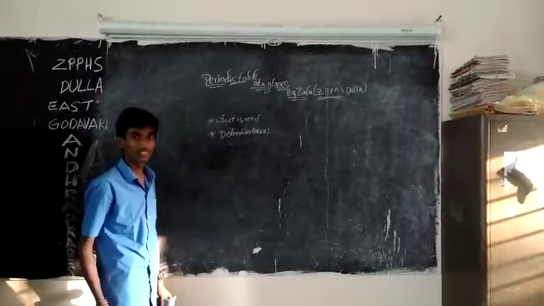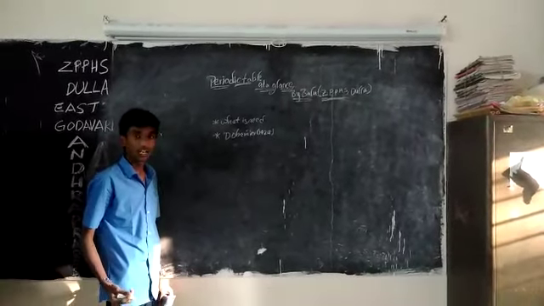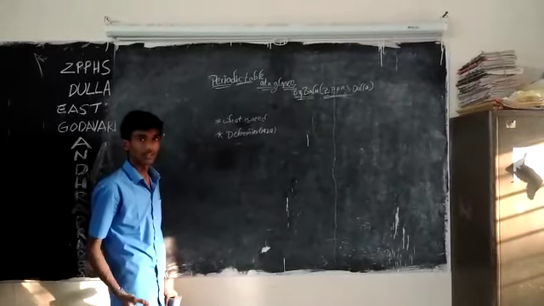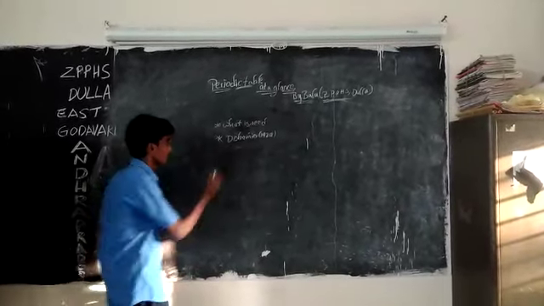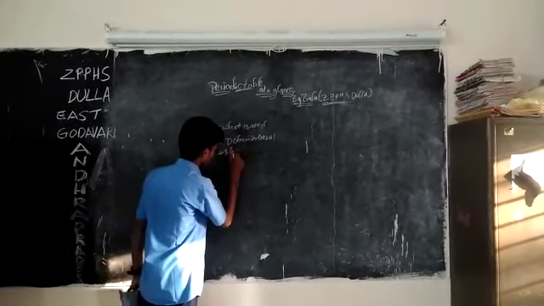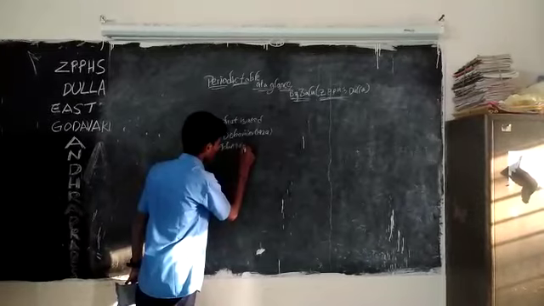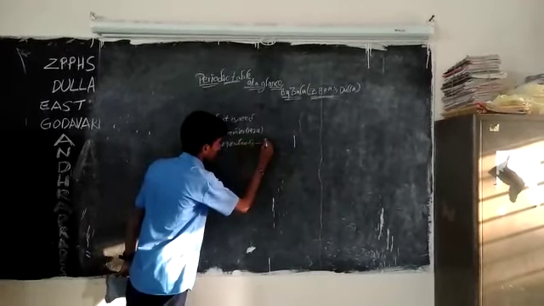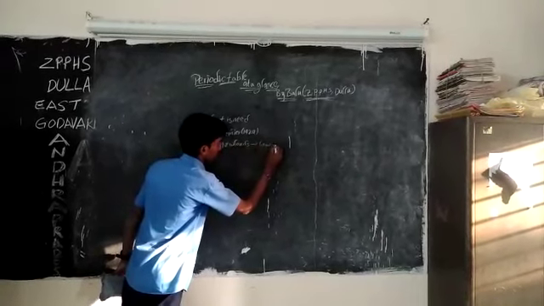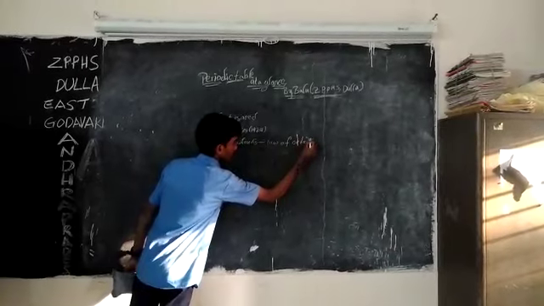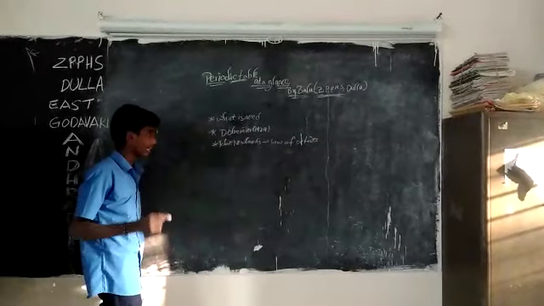The second observation is known as the law of octaves. It was proposed by John Newlands in the year 1866. The law of octaves contains 8 elements.